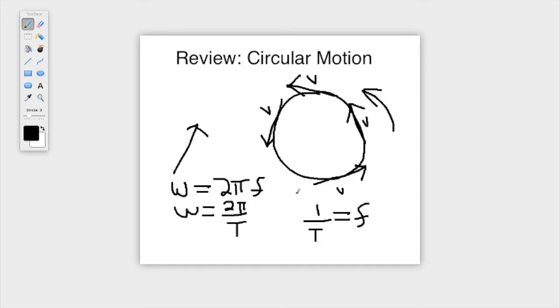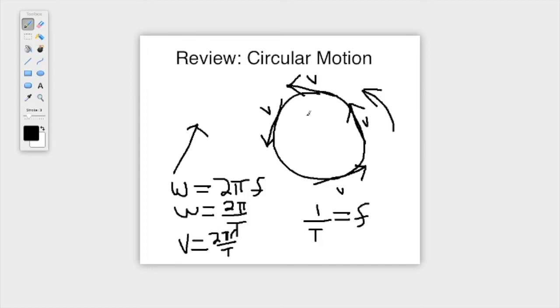And we can also describe linear speed as 2 pi r over the period, right? Because we remember 2 pi r being the circumference of the circle, which is the total distance traveled when you make one revolution, and the time it takes to complete one revolution is the period.